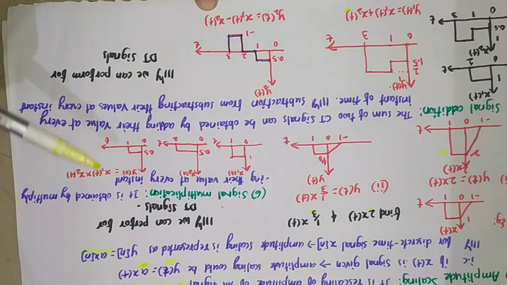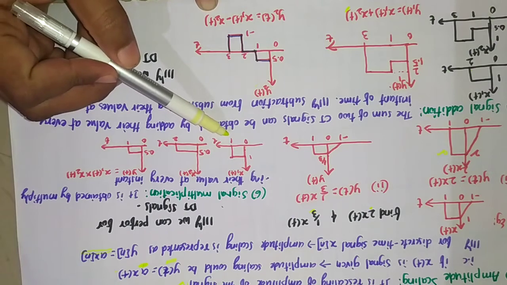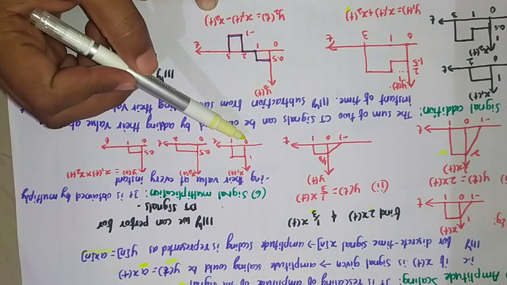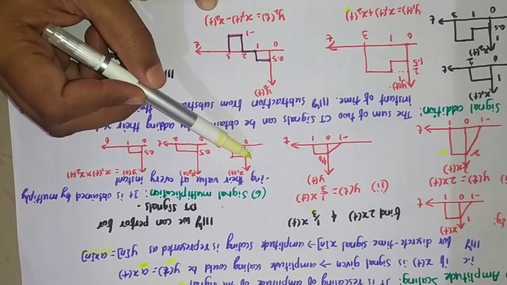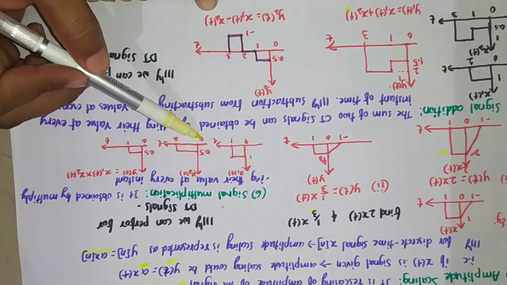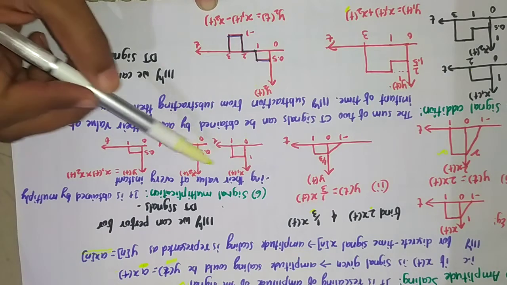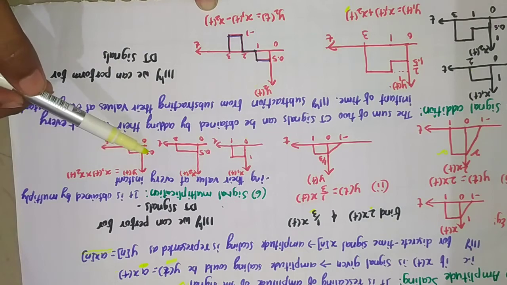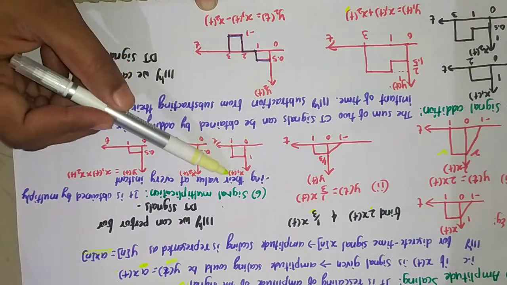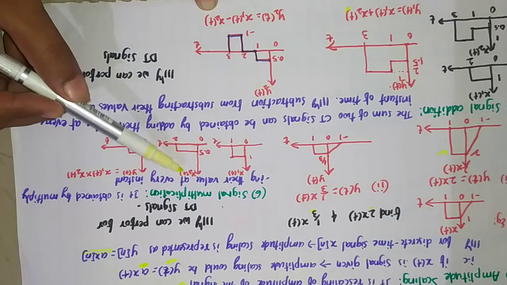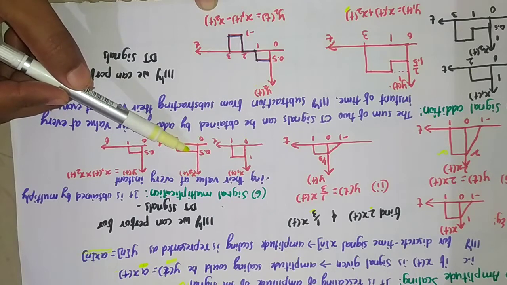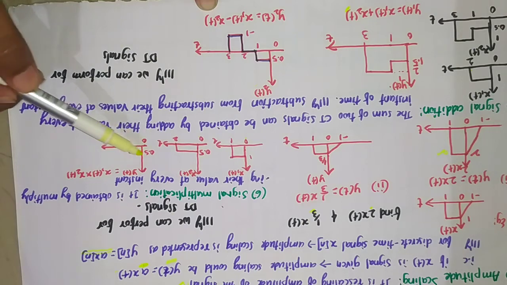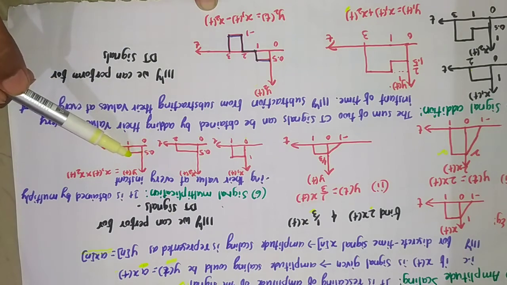So what is happening is, at every instant and interval of time, whatever the amplitude is will be multiplied. Consider the 0th instant: the amplitude of x1 of t is 1, and x2 of t at the 0 instant is 0.5. Multiplying both gives 0.5. So at 0 we will have 0.5. At 1, x1 of t is 1 and x2 of t is 0.5, so multiplying both, here also we get 0.5. So you can say from 0 to 1 your y of t will be 0.5.